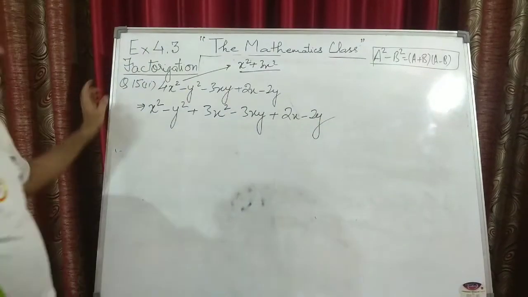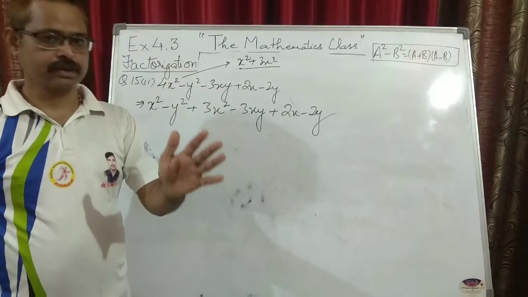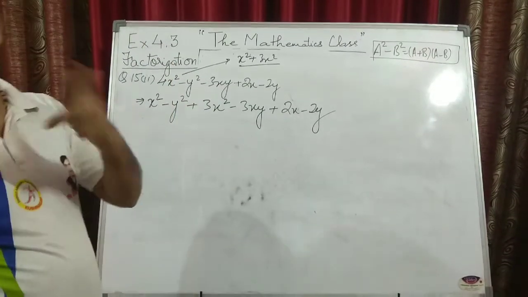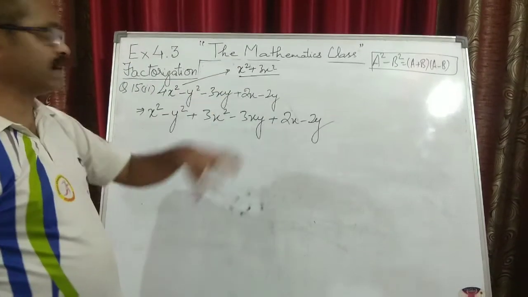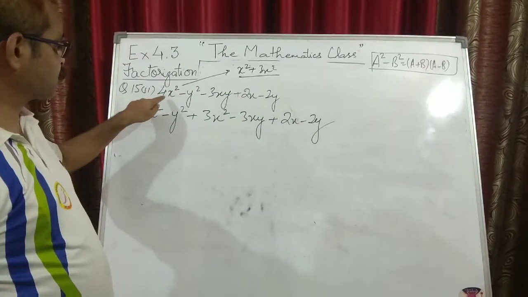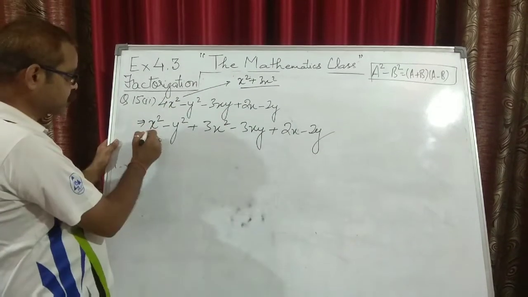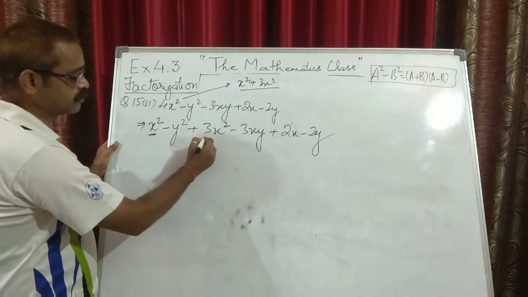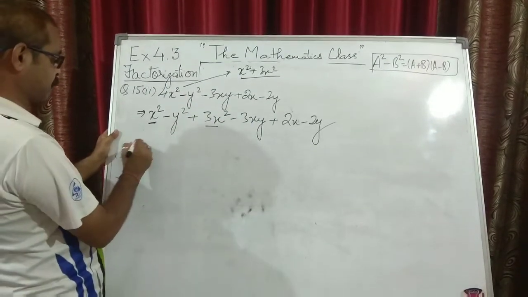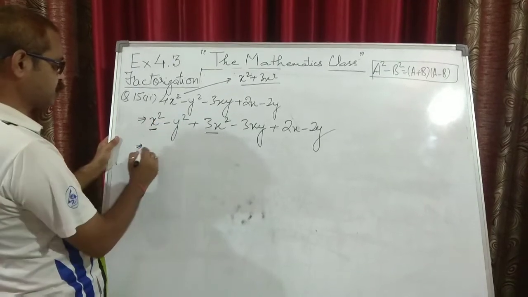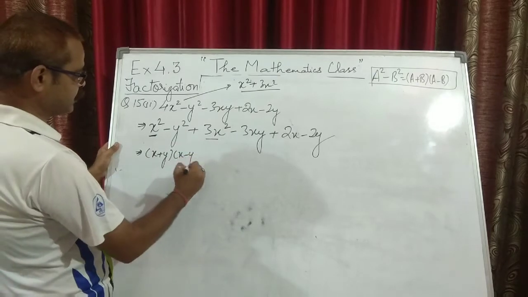What we did: since this expression was of 5 terms, we cannot make the pairs, so we tried to break any one of them that is possible. So 4x square, if I break it into x square plus 3x square, one of the x square is expressed here and the other 3x square is here. Now we know a square minus b square is a plus b and a minus b.